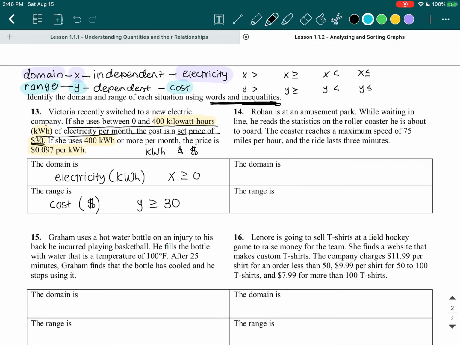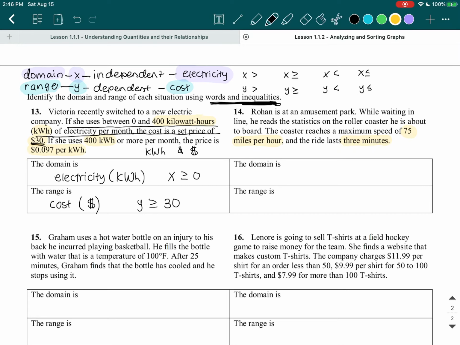Okay, so let's take a look at the units that are attached to our numbers. 75 miles per hour, and then also 3 minutes. So we see the words miles, hours, and minutes, but hours and minutes talk about the same thing, okay? Hours and minutes both are a measurement for time.